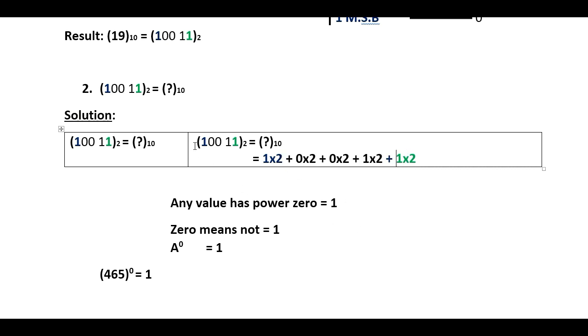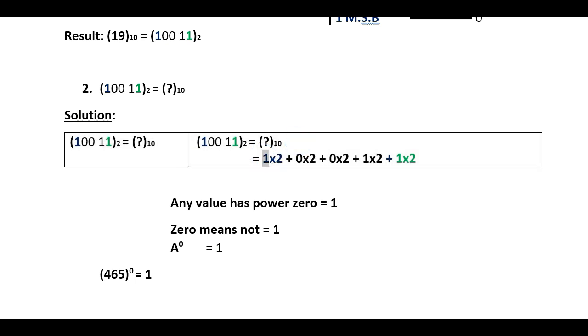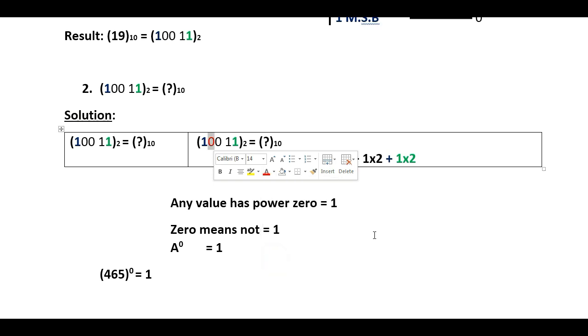First of all, how do I write? I am writing from left to right like 1 0 0 1 1. Here the most significant bit is 1. For better understanding of you, I choose the red one.